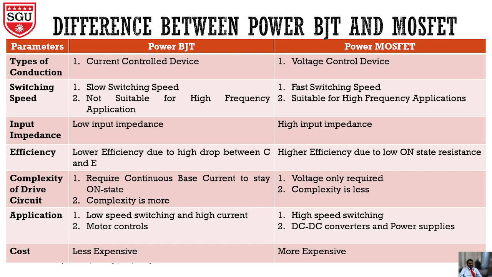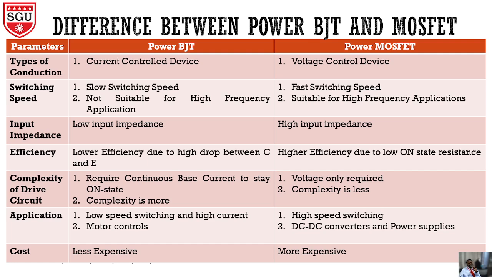Then the complexity of the driver circuit. The power bipolar junction transistor requires continuous base current to stay in the on state, so the driver circuit design has some complexity. In the power MOSFET only voltage is required, just maintaining the gate voltage constant, so the complexity is less. Then applications.